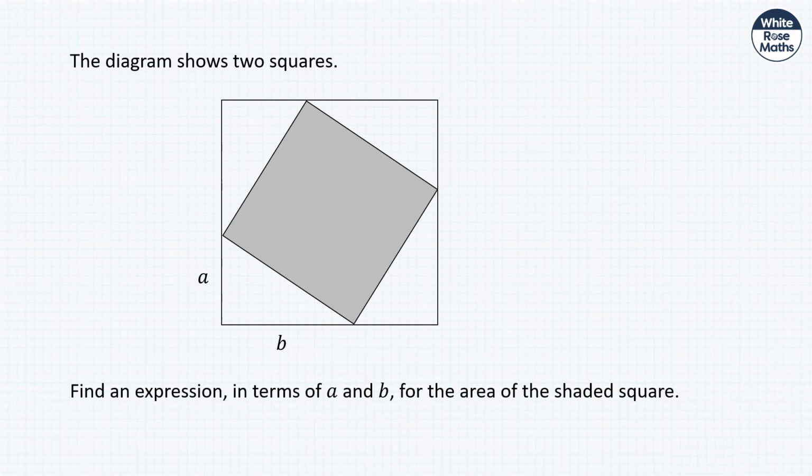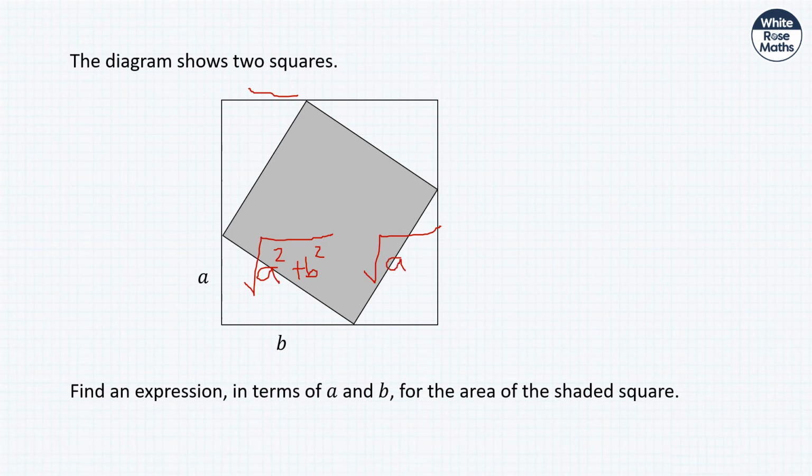Okay, last question, guys, for that video here, so it's a bit more tricky. The diagram shows two squares. Find an expression in terms of A and B for the area of the shaded square. One way is to use Pythagoras' theorem, so this here will be the square root of A squared plus B squared. And then this side here will also be the square root of A squared plus B squared.